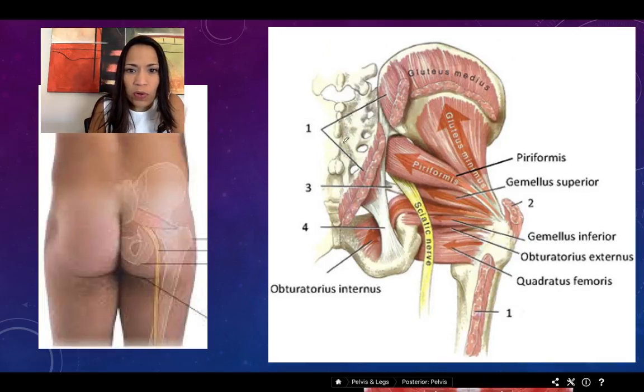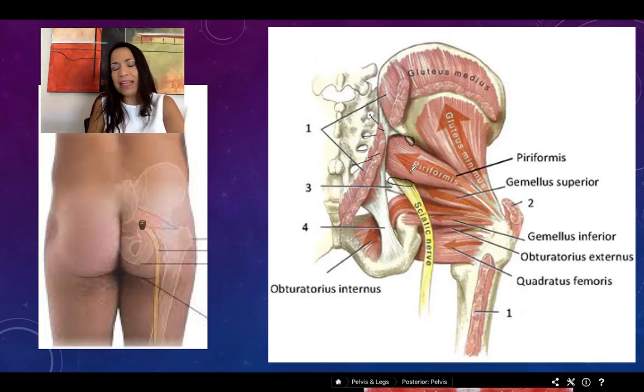The sacral spinal nerves exit in this area. See, it's located almost in the middle of the buttocks. That's the origin of this nerve, and it can sometimes exit right here at the greater sciatic notch, on top of the piriformis, and sometimes under, in between the piriformis and the gemellus superior.